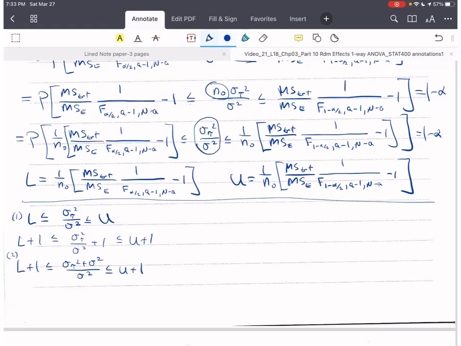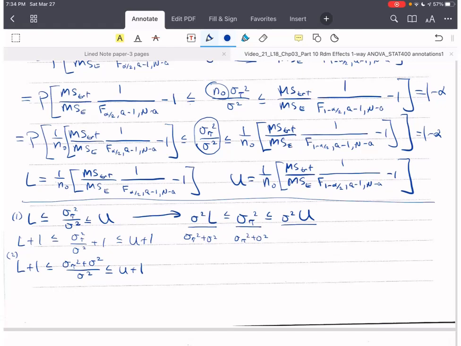Now, so that follows. I can now solve this for sigma tau squared. So I have sigma squared L, sigma tau squared in the middle, and sigma squared U. Okay. Now remember, I want sigma tau squared over sigma tau squared plus sigma squared. So what I'm going to do is divide all three parts of this inequality by sigma tau squared plus sigma squared.